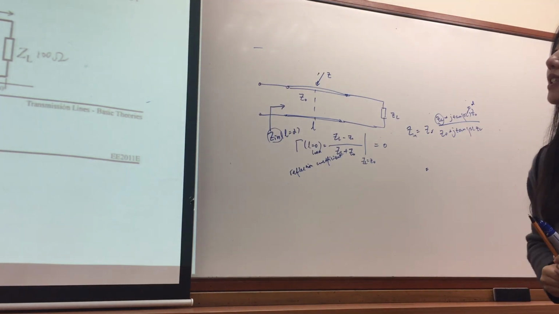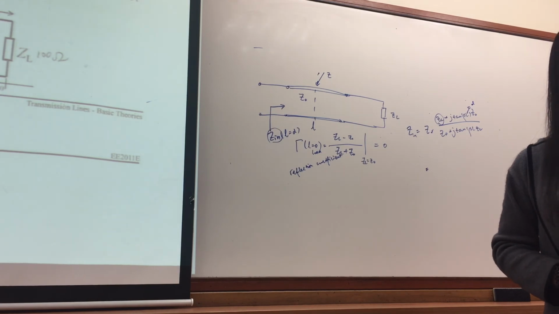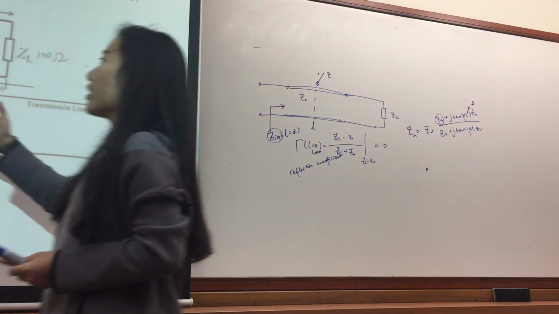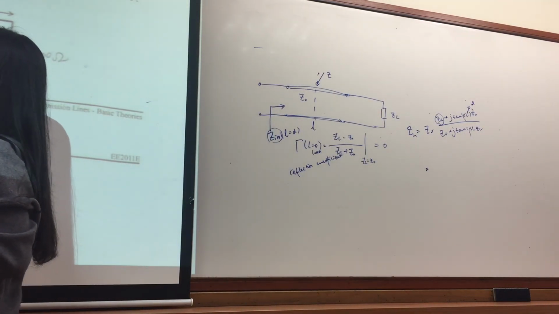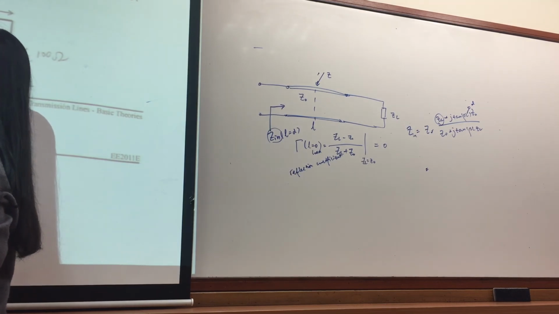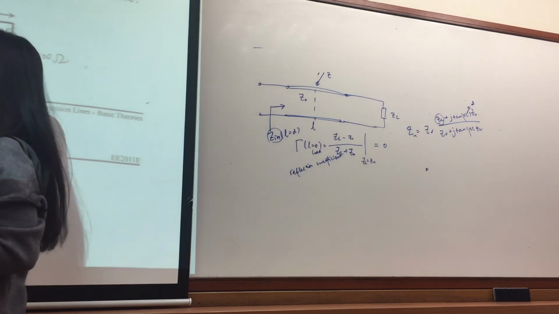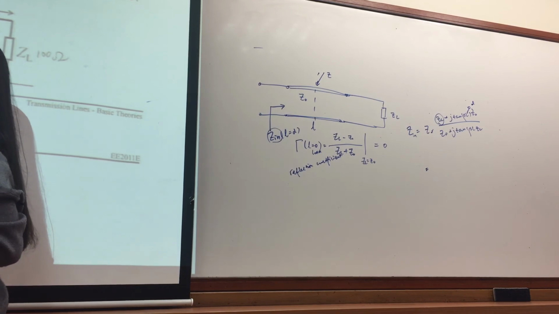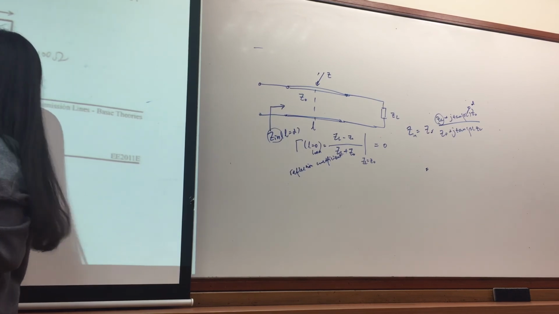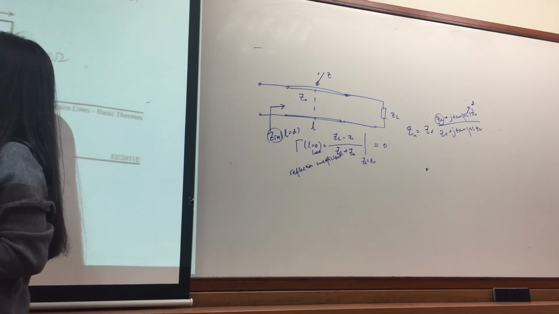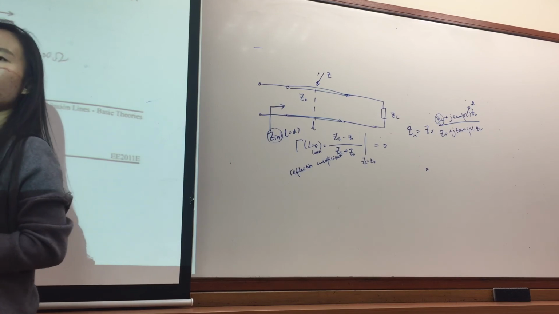Now we get Zi. Then what is Vi? Vi is actually the voltage over here, right? The total voltage is Vg, so how much voltage you have is the ratio of your impedance over the total impedance.